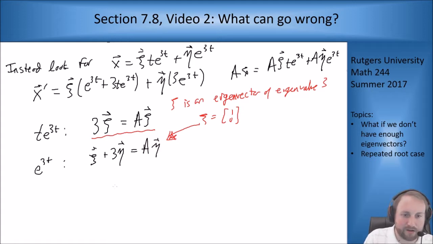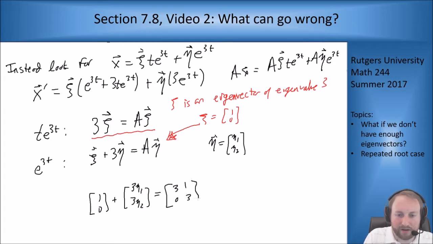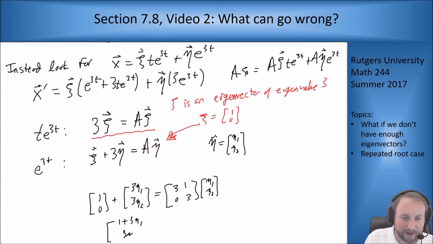So eta is going to be a vector eta 1, eta 2, and c is 1, 0. 1, 0 plus 3 eta, which is the vector 3 eta 1, 3 eta 2, equals a, which is 3, 1, 0, 3, times eta 1, eta 2. So on this side I have 1 plus 3 eta 1, 3 eta 2, equals 3 eta 1 plus eta 2, 3 eta 2.